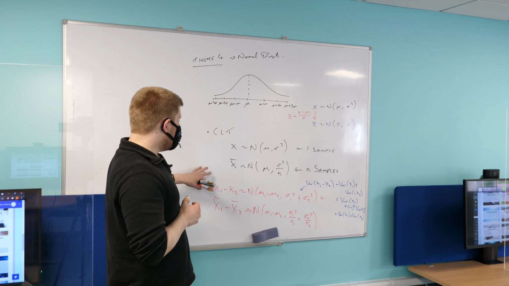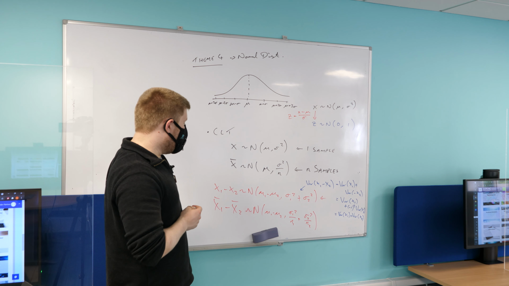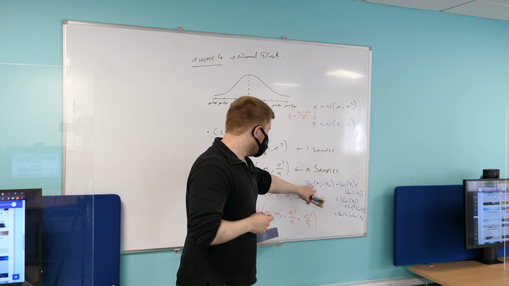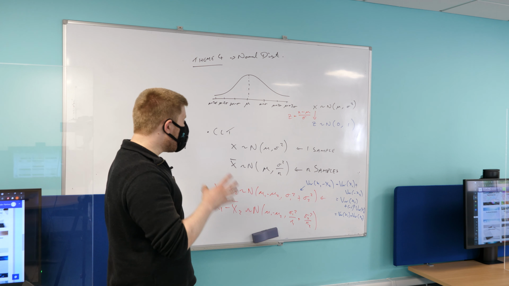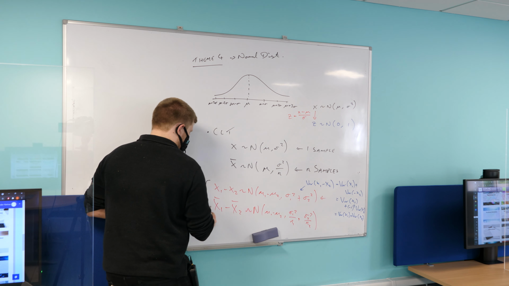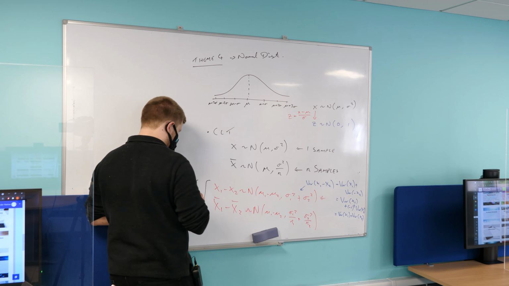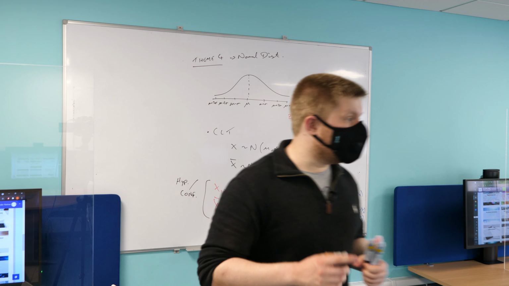Now, like I say, it still follows the central limit theorem idea, and it still follows a similar idea to what we were doing over here. However, this is more to do with hypothesis testing. So when we're looking at hypothesis testing and confidence intervals, which is the next theme, that's where we're going to be using that.